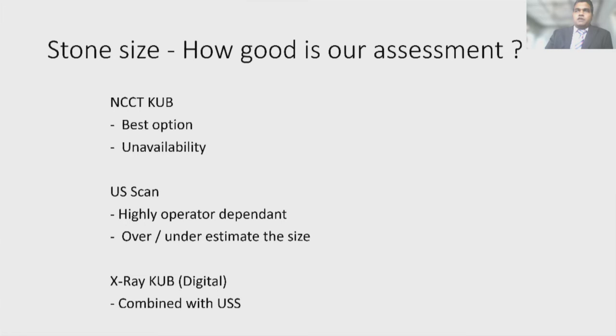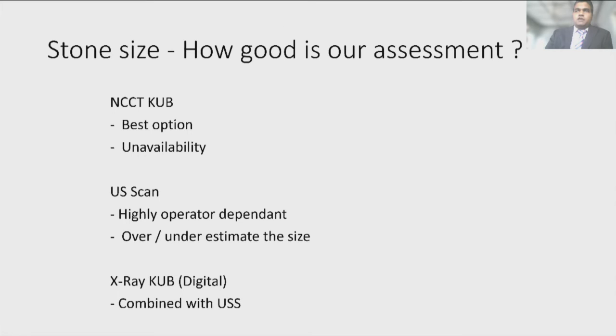We live in the era of evidence-based medicine, so if I have to influence your practice, I need to bring you the evidence. Let's talk about some of the evidence in the medical management of stone disease. What is the best size for medical expulsion therapy? This is a very high quality study published in European Radiology, with stone size assessed by CT-KUB.